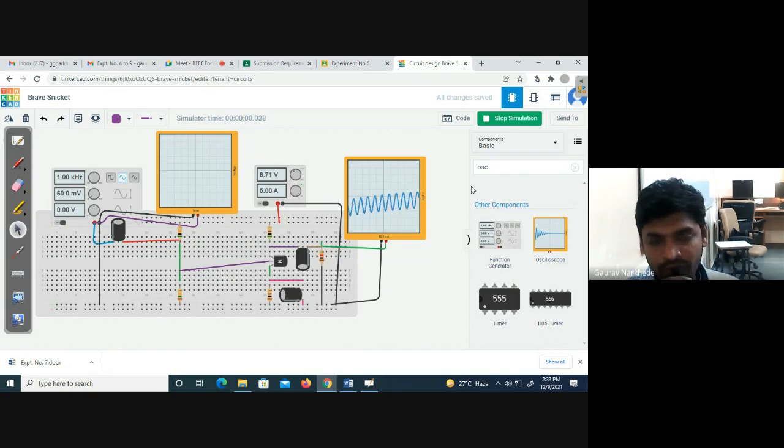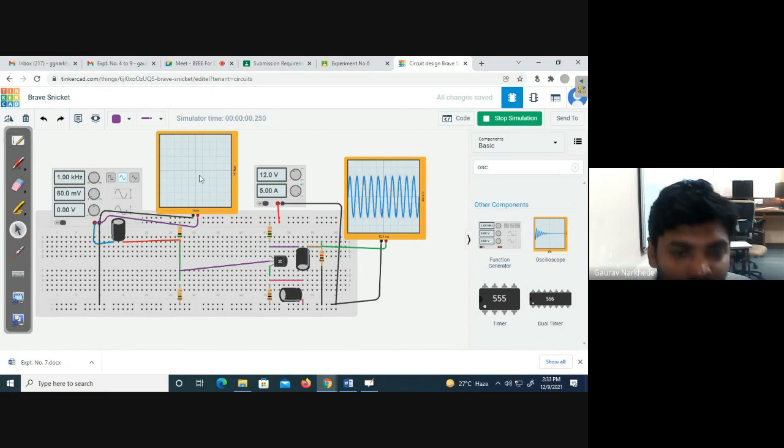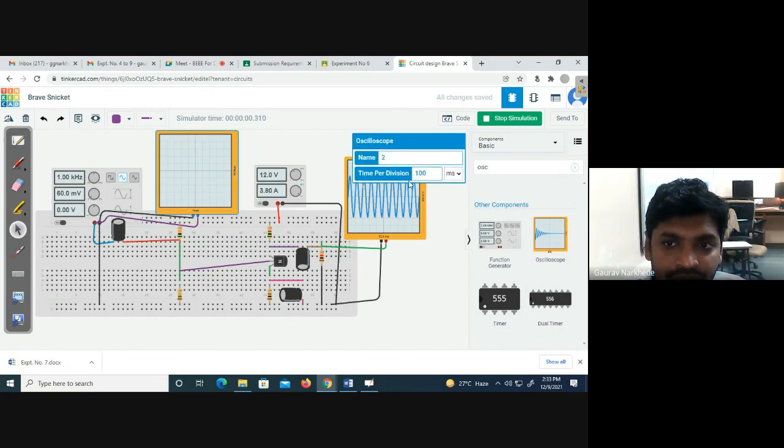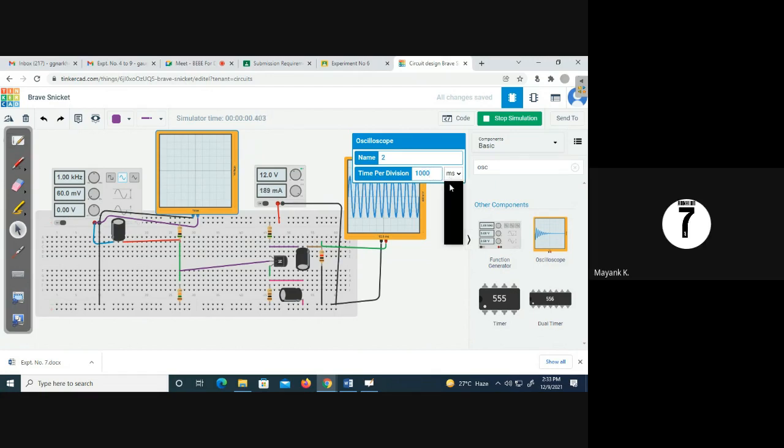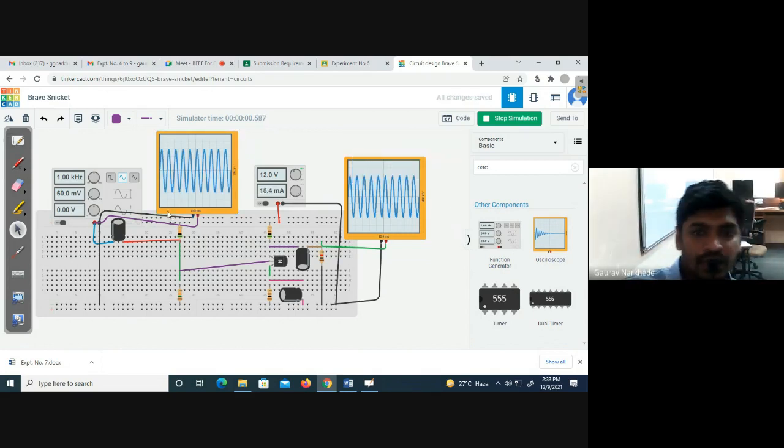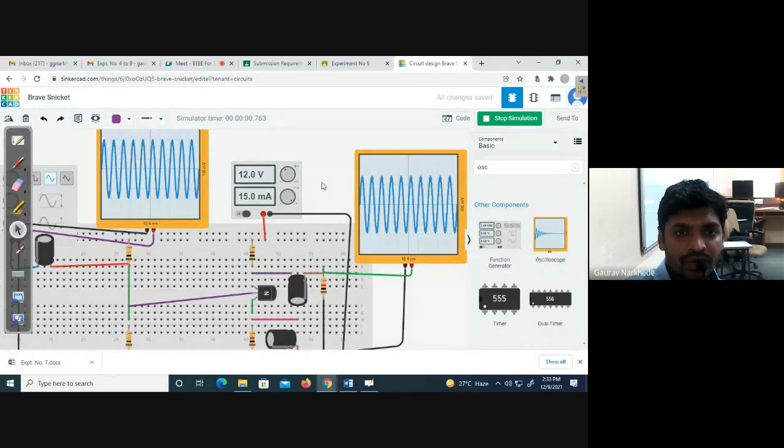Let the output waveform get settled down, then we can expect the input waveform. I'm not able to see the input waveform because maybe the voltage, how much was it? 1000 microsecond. Okay, great. So yes, now just see.